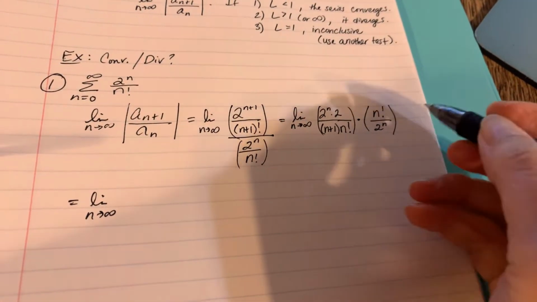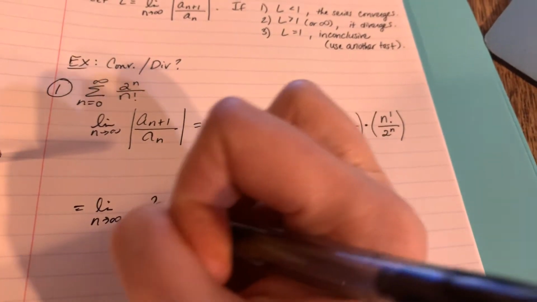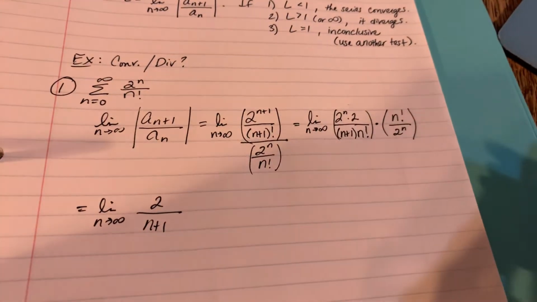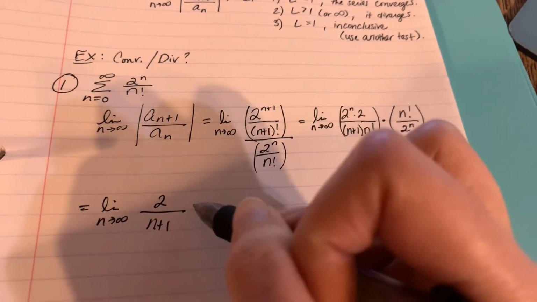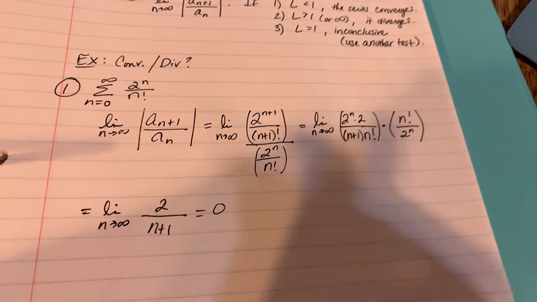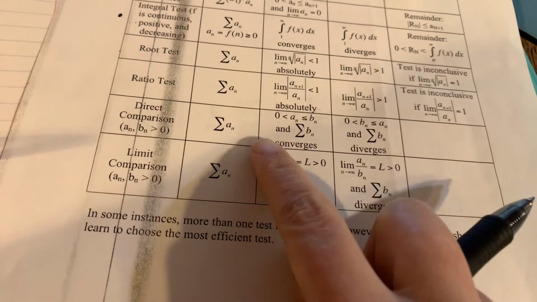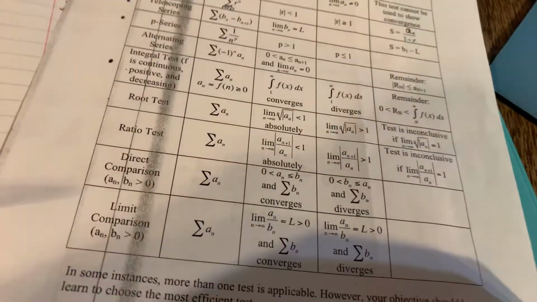And that equals the limit as n goes to infinity. Make sure you write the limit as n goes to infinity every time. Now my n factorials cancel and my 2 to the n's cancel, so I just get 2 over n plus 1. And what does that go to? Well, n is in the denominator and it's going to infinity, so you get 0. Then we look at our ratio test: it's 0, so that's less than 1, which is in my convergence column.